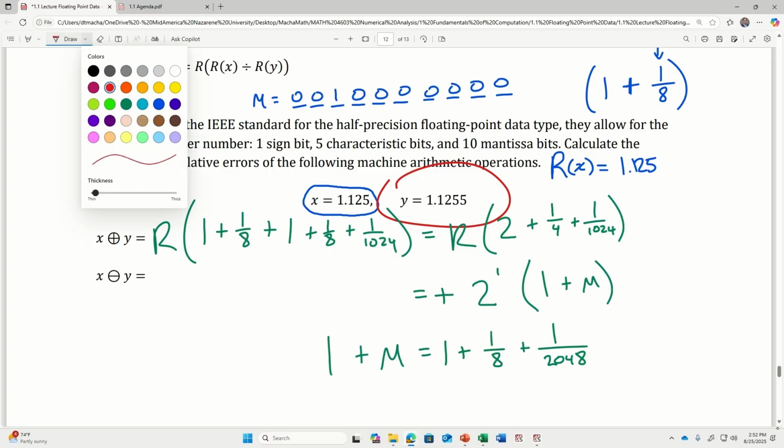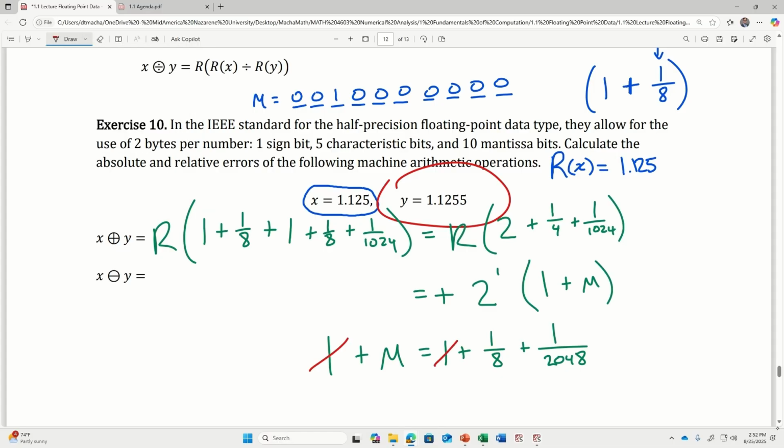Then I can cancel the 1 from both sides. 1/8 is representable in the mantissa. I did that earlier. In fact, this is how you represent 1/8. But 1 over 2048 is not representable. But if we're going to round, we should round up, right? If it's halfway, we should round up. And that's halfway to the next thing.